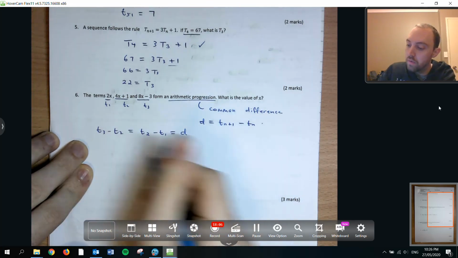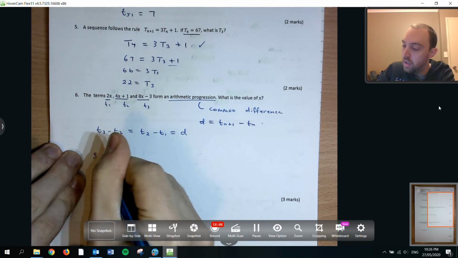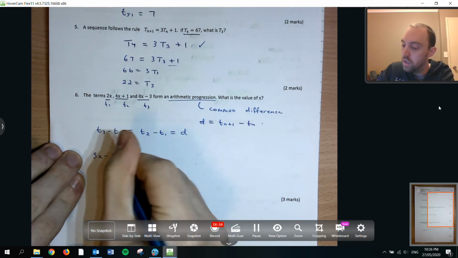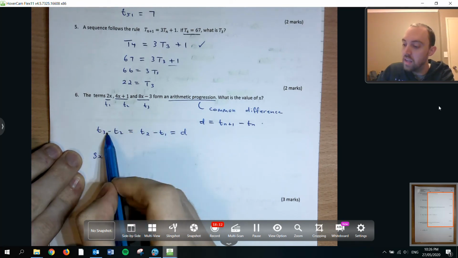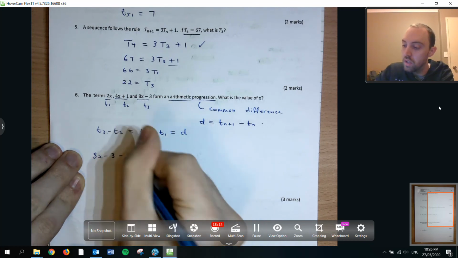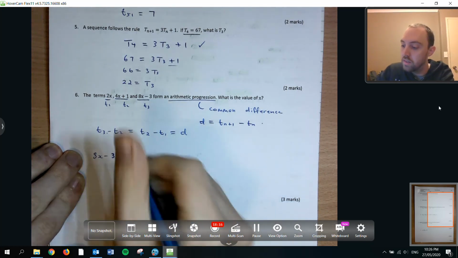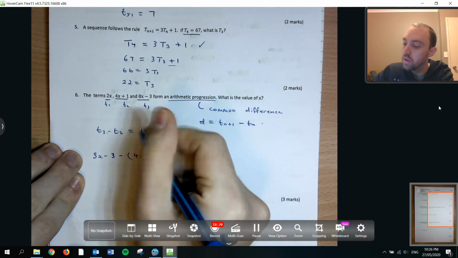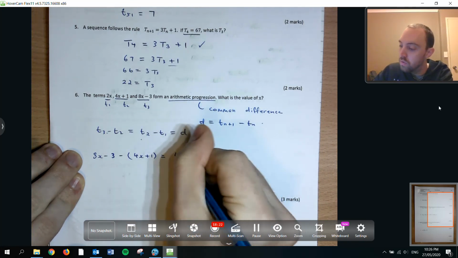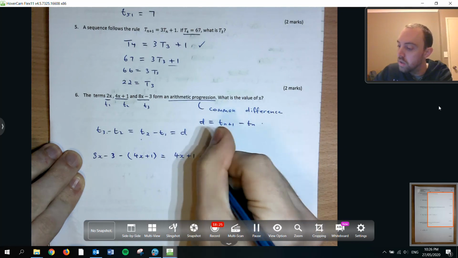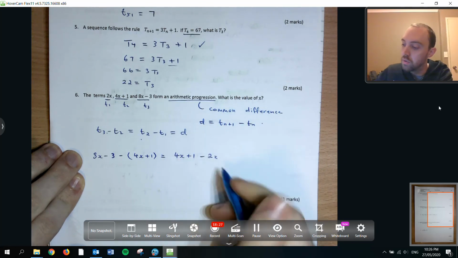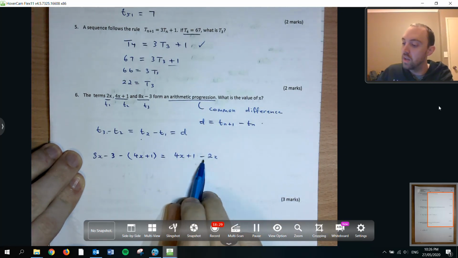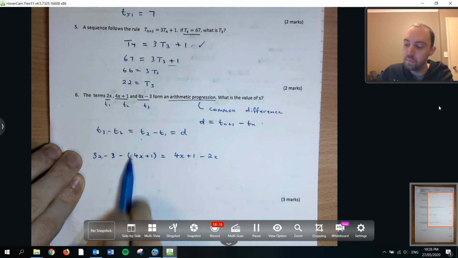So let's substitute. We've got 8x take 3. When we're taking a value, generally it's good to use brackets. 4x add 1 is equal to T2, 4x add 1, take 2x. I won't worry about it there because I don't have to expand those brackets here.